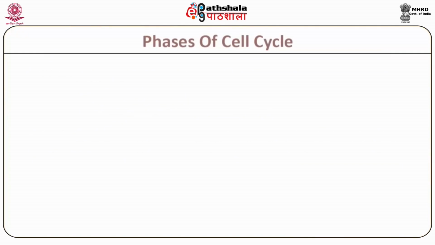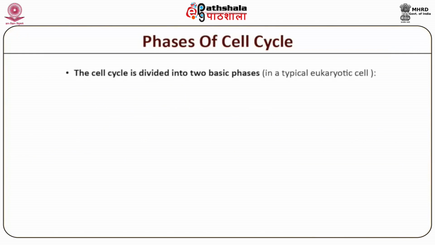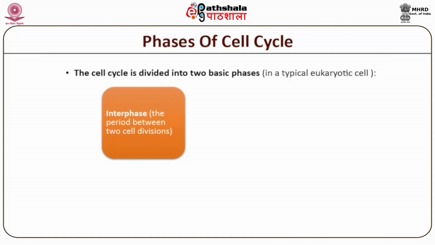Now come to the phases of the cell cycle. These are broadly divided into two phases: interphase and M phase. Interphase is the period between two cell divisions, which is further divided into G1, S and G2. The G1 phase, which is known as gap 1, is immediately after the cell division phase. The S phase, which is known as the synthetic phase, involves DNA synthesis. The G2 phase is known as gap 2.